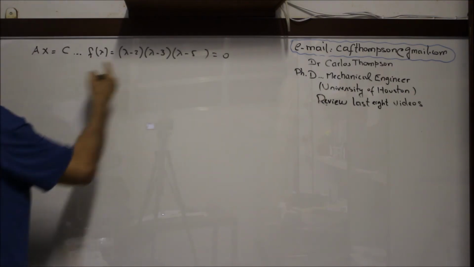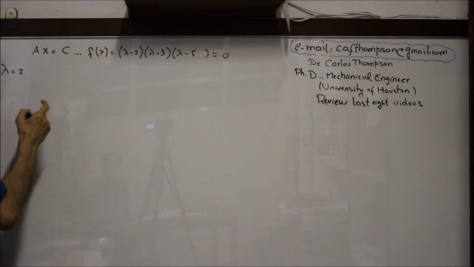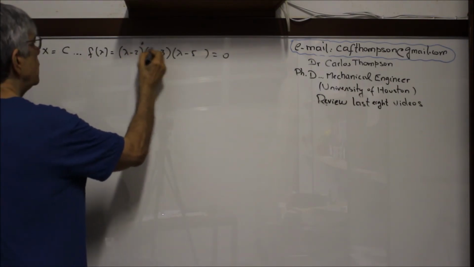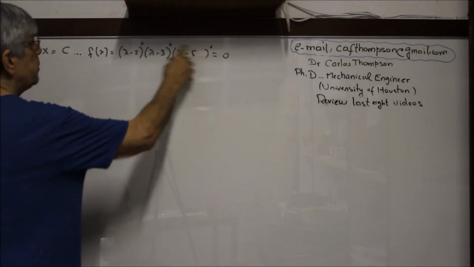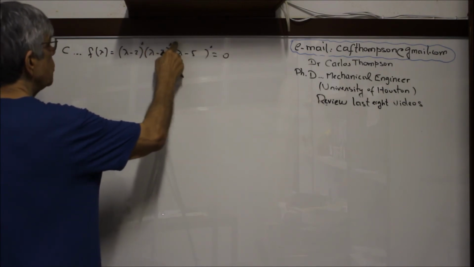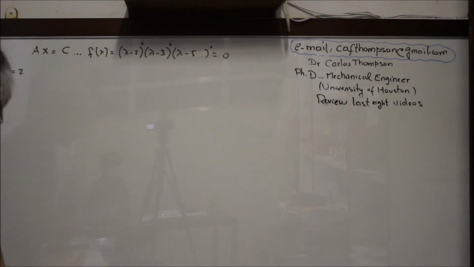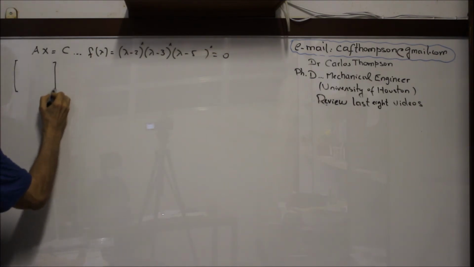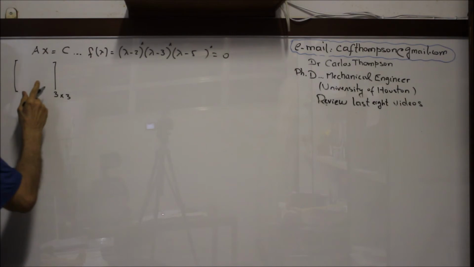Now, look, I have here power 1, and power 1. Now, I have a 3 by 3 matrix, because 1 plus 1 plus 1 is 3. So this matrix A is 3 by 3.